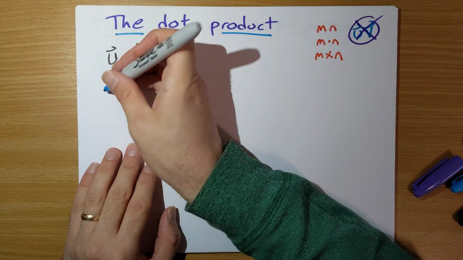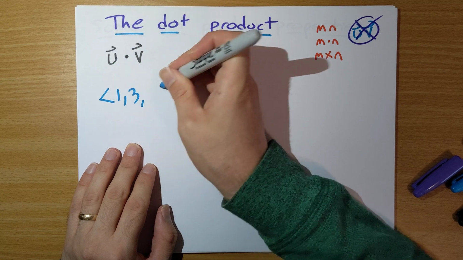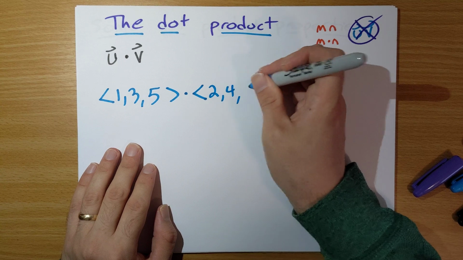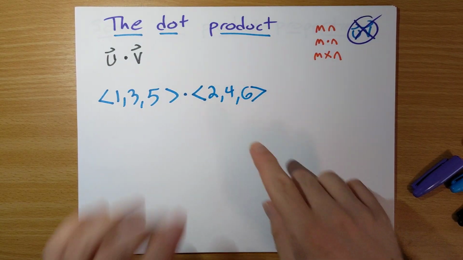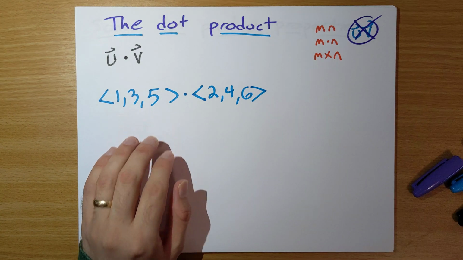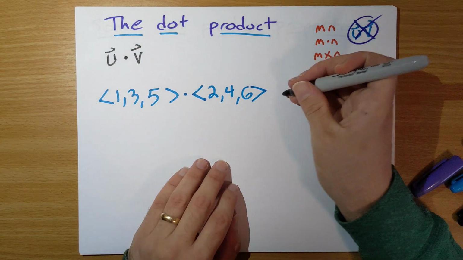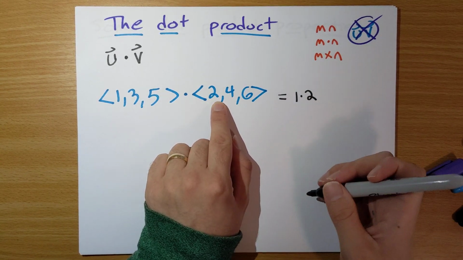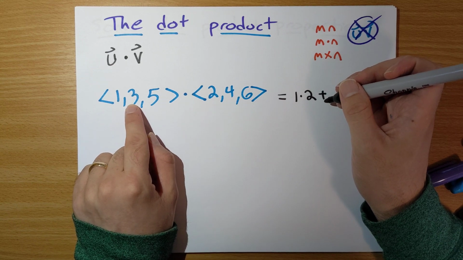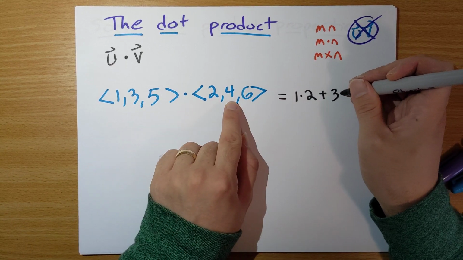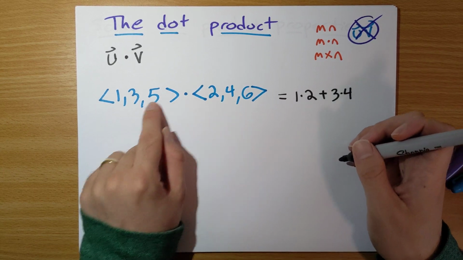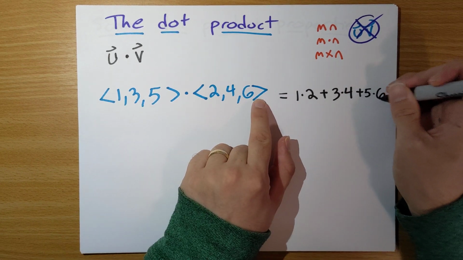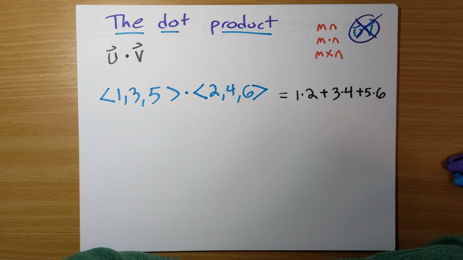Okay, what is the dot product? Let me do the definition with an example. Let's suppose that I have the vector 1, 3, 5, and I want to take the dot product of that with the vector 2, 4, 6. Note these are vectors each with 3 components. How I compute the dot product is that I do the first entry of the first vector times the first entry of the second vector, plus the second entry of the first vector times the second entry of the second vector, plus the third entry of the first vector times the third entry of the second vector.